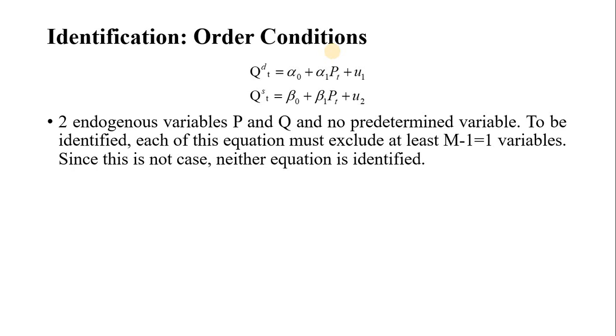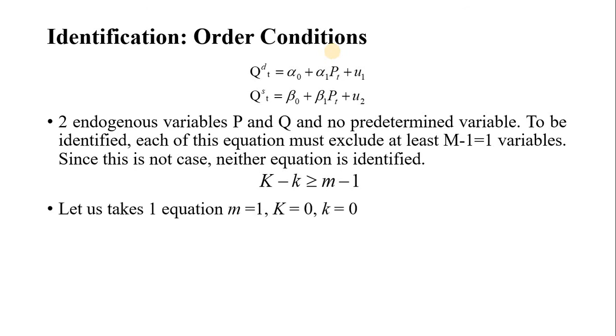Each of these equations must exclude at least m minus 1 variables. This is not the case. Here we cannot exclude m minus 1 variables, and there are no predetermined variables. So in this model, neither equation is identified.